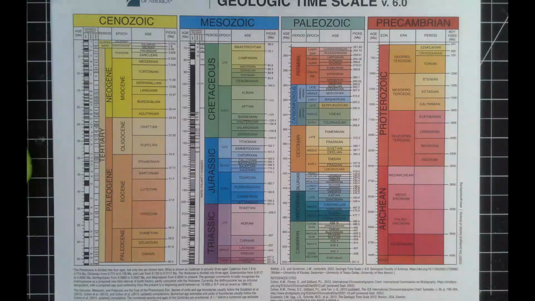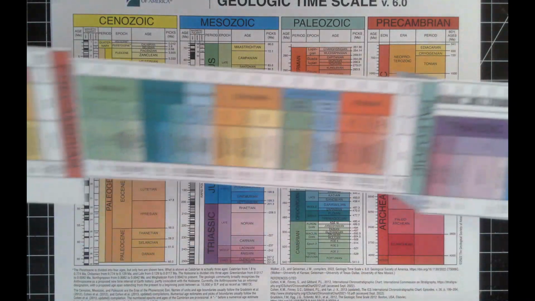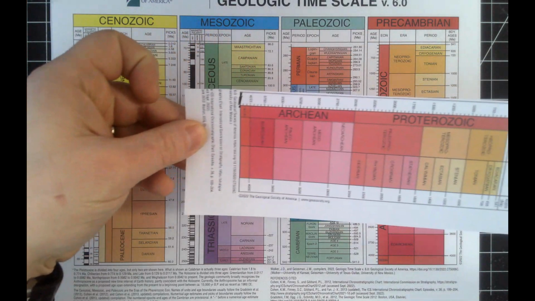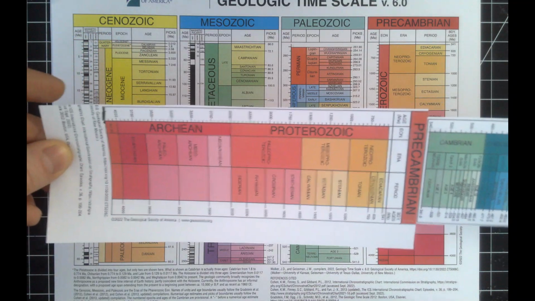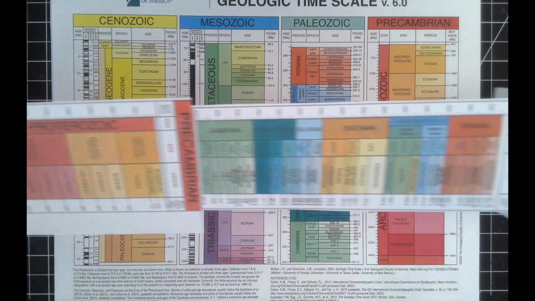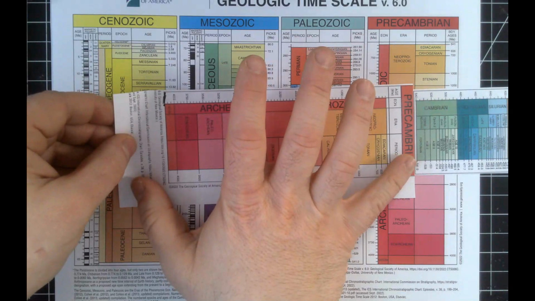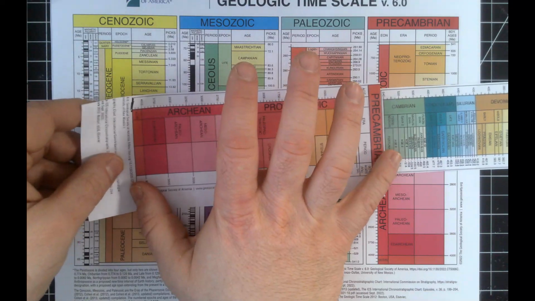Again, if you think about it this way, to where if you were to cut this apart and tape it together and make one big time scale, this is exactly what it would look like, right, in this order. So we have our Precambrian early on, which again takes up nearly 90% of the entire Earth's history.